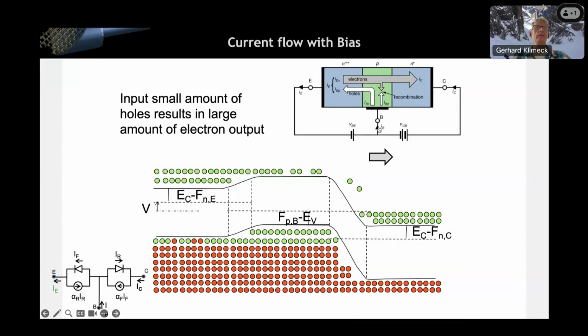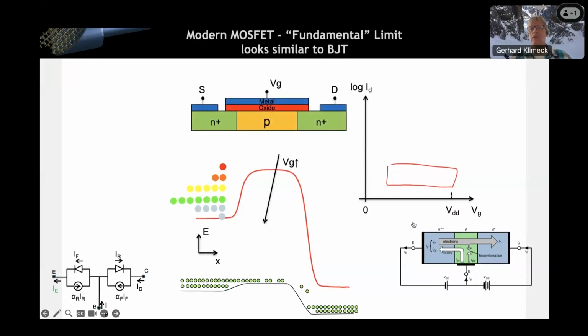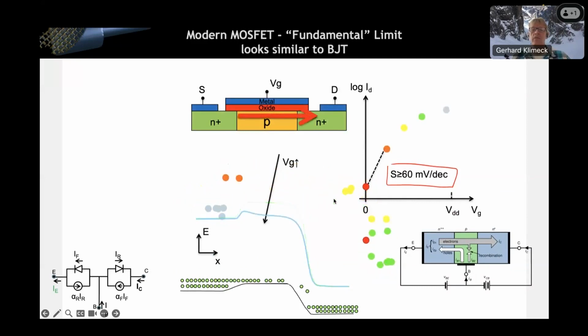And that's the basic operation of a modern MOSFET as well, where you have a barrier and you control this barrier, and electrons flow, and they always flow at some leakage rate, and that rate is really determining the 60 millivolt per decade. And as you lower the barrier, more and more electrons flow, and eventually they saturate.